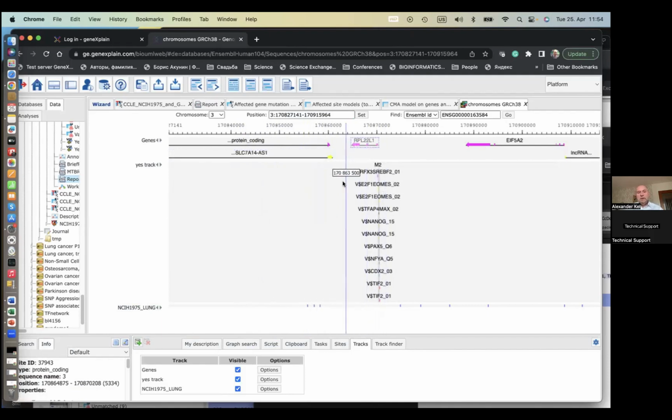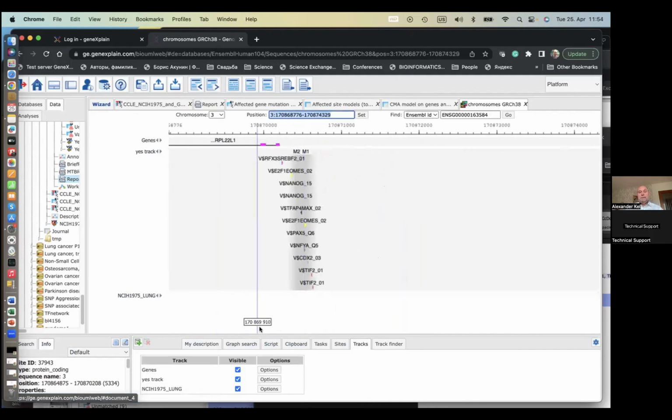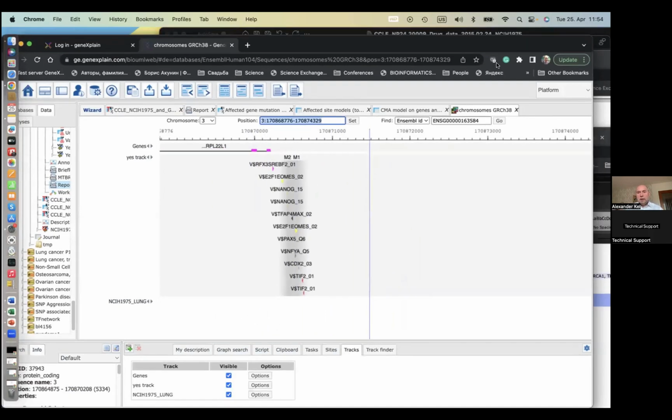But if the upregulated gene has no mutation inside it, it will just take the promoter of that gene and analyze what this promoter looks like. So that was another good example.